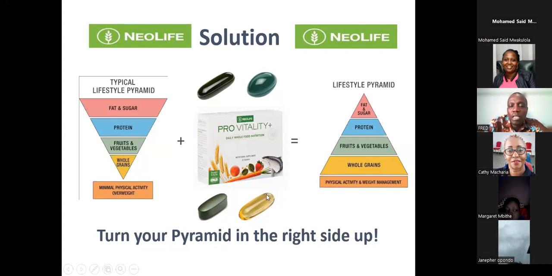And when you take this and you're able to lower inflammation, then you're able to sort out many of the diseases that lie in your body. The multi mineral products, this is an amazing mineral supplement that helps to cover the mineral gap that we have in our diet. So when you combine the 4, then you have the Pro Vitality Plus.